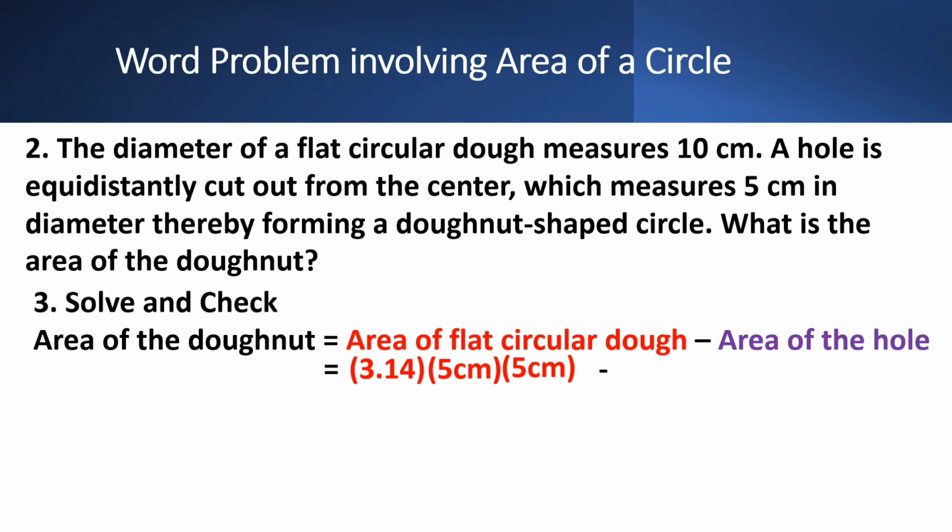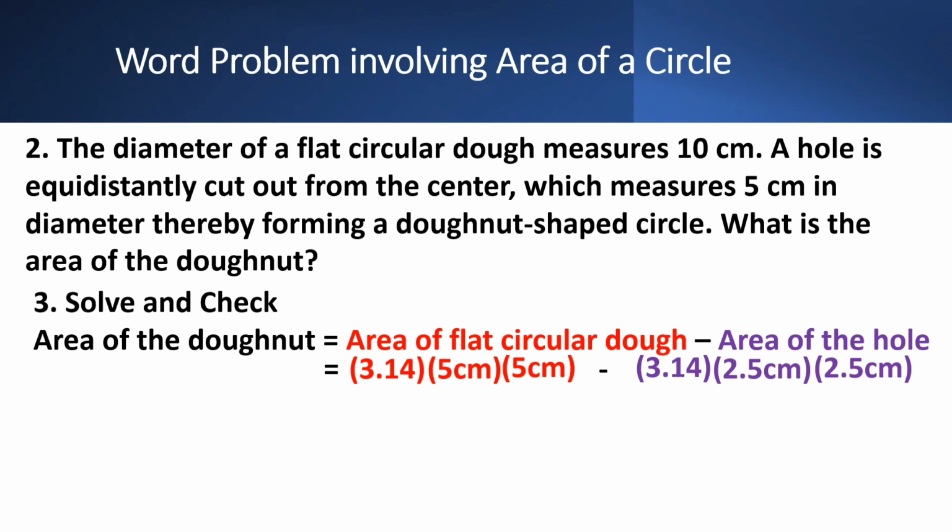Minus. So, dito naman tayo sa kabila. Gawin natin at the same time. So, again, pi r squared. So, pi is again 3.14 times ang kanyang radius ay 2.5 centimeters dahil ang diameter ng butas is 5 centimeters. So, magiging 3.14 times 2.5 centimeters times 2.5 centimeters.